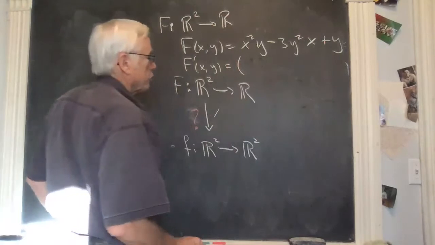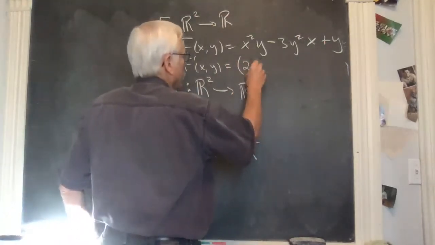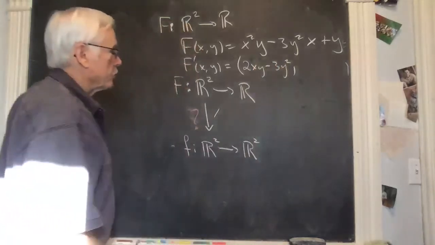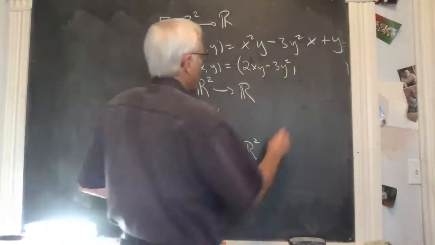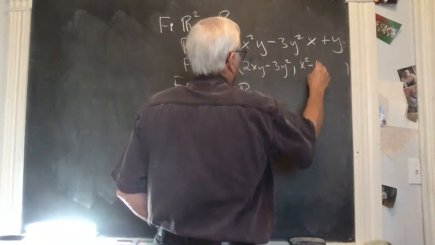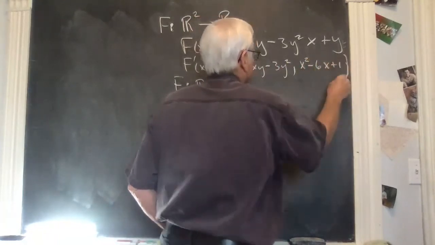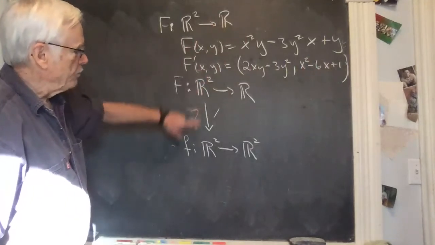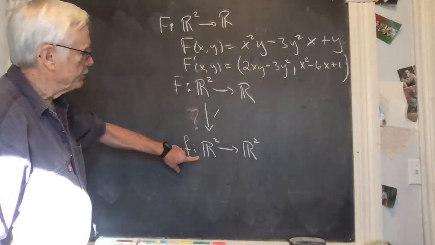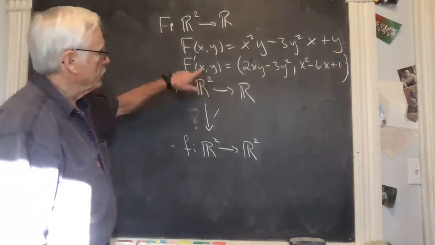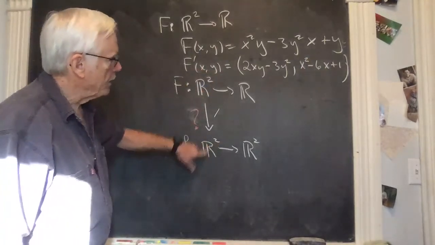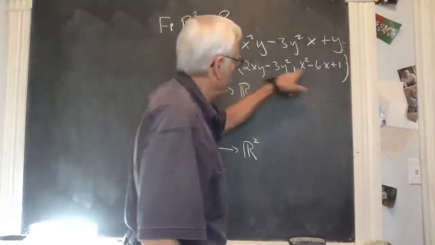So that consists of the derivative with respect to x, 2xy minus 3y squared, comma, the derivative with respect to y, x squared minus 6x plus 1. And lo and behold, f prime is this type. It takes ordered pairs, points from the plane, and it maps it to ordered pairs.